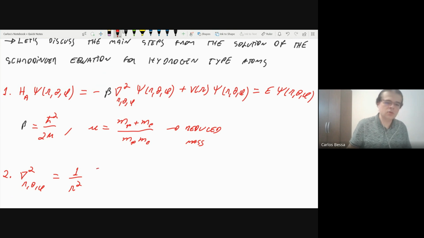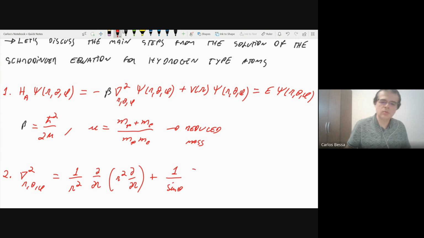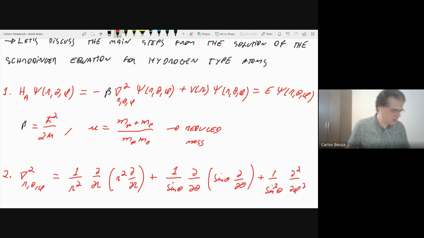1 over r squared, partial derivative with respect to r of r squared times the partial derivative with respect to r, plus 1 over sine of theta, partial with respect to theta of sine of theta times partial with respect to theta, plus 1 over sine squared of theta, partial squared with respect to phi.